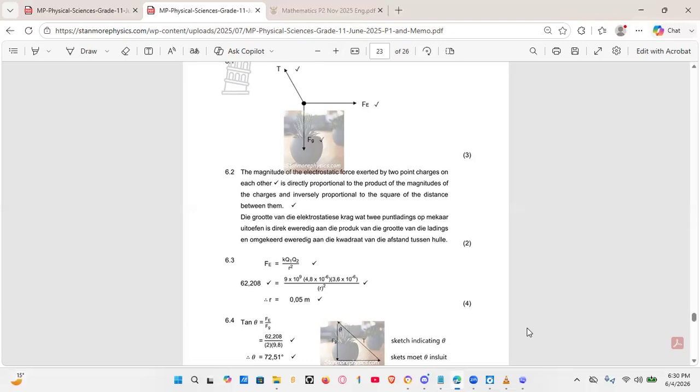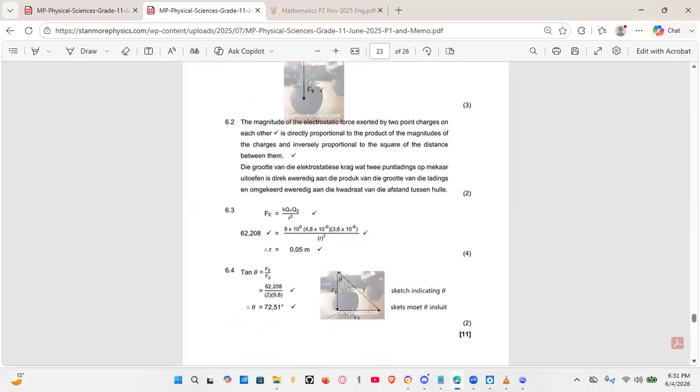I did try using gravity, but then I had another unknown, and T was also an unknown, so you should use FG and FE, which is on your triangle. Here they are using grade 11 methods, which test your ability to use trig in terms of vectors. It's all about trig, it's all about vectors.